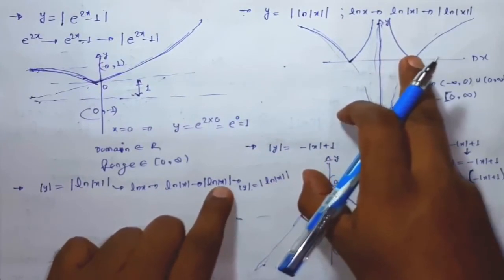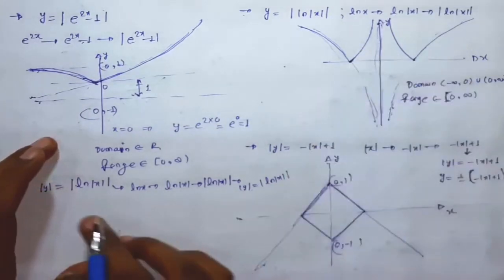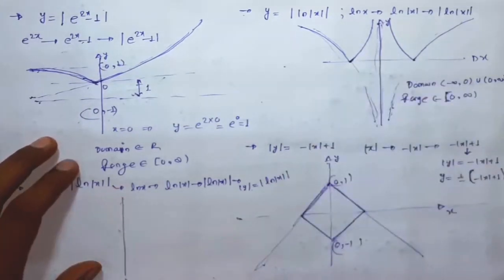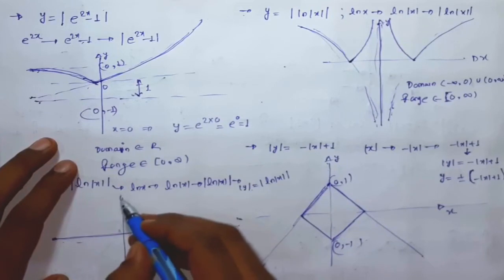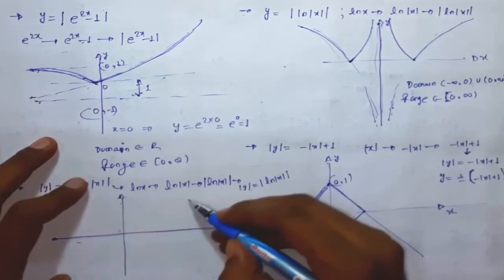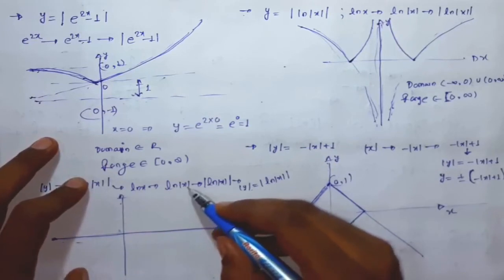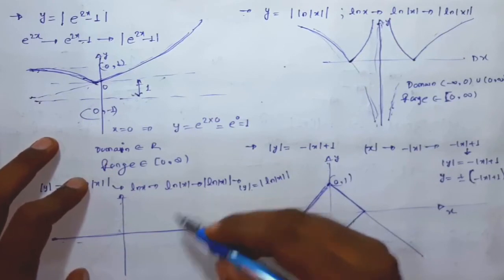So I'm going to tell you again how to draw the graph, then we will see how to draw the graph of this function. Okay, this is the y-axis, this is the x-axis. First of all, this is ln x. Then we are going to draw ln of mod x. If x is positive, then this graph will remain as it is.